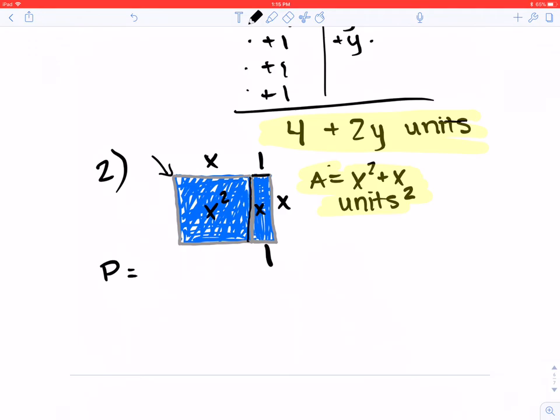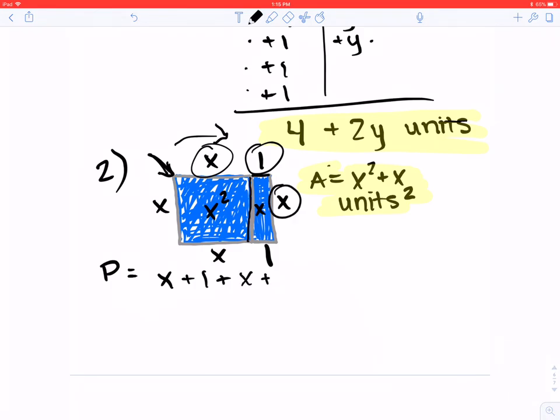The side of an x squared tile is x and x. So now we're going to make our way from left all the way around, and we're going to label it. So we have an x, that's here, plus 1, that's there, plus x right here, plus 1, plus x, plus x.